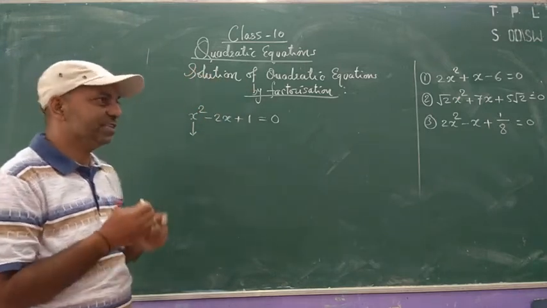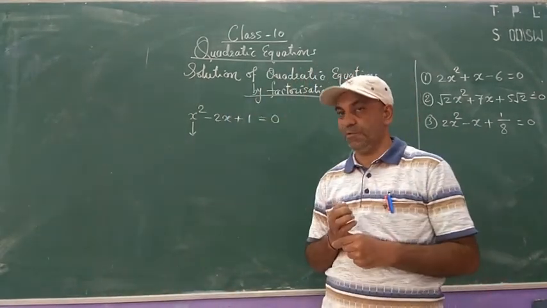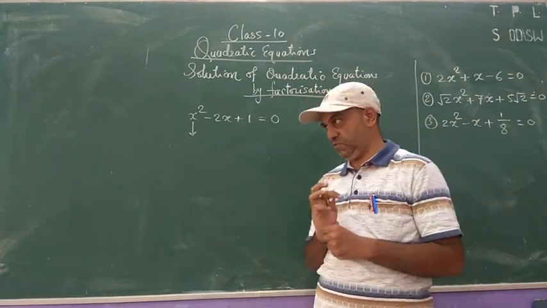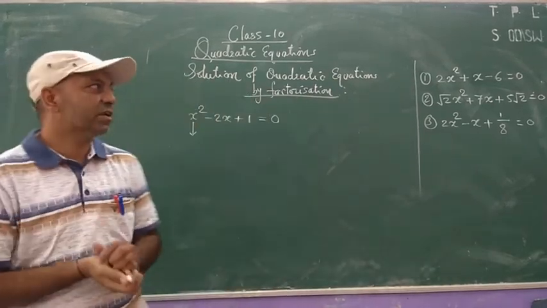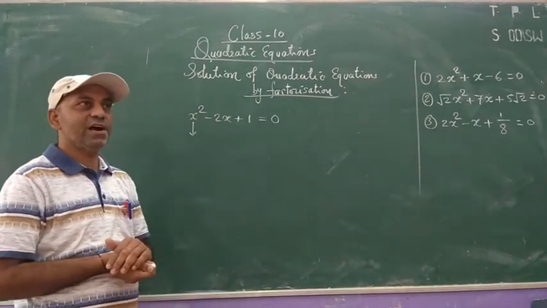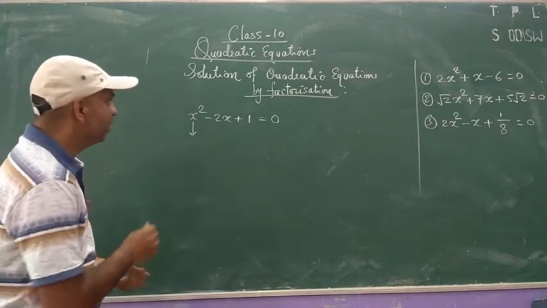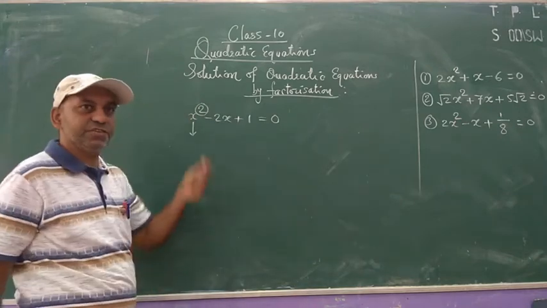Okay, we have already discussed the zeros of quadratic polynomial. So quadratic polynomial has at most two zeros, and so the quadratic equation also has at most two roots. Why? Because the degree of quadratic equation is 2.